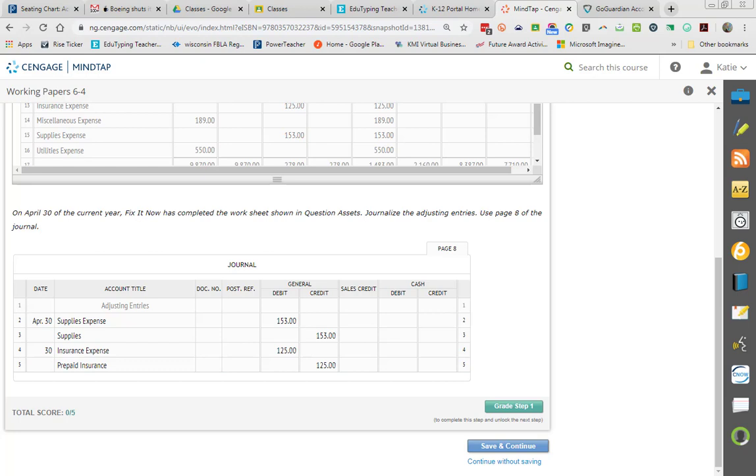Really, the numbers on my adjustment column, I am just journalizing. Once you have those good to go, go ahead and grade step 1, because step 1 truly is just journalizing it.